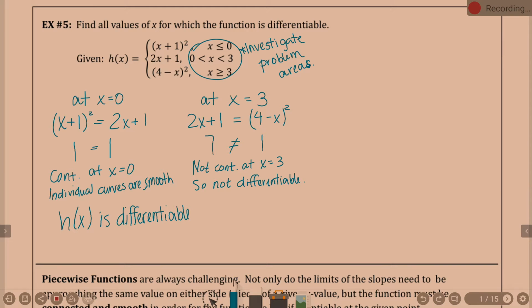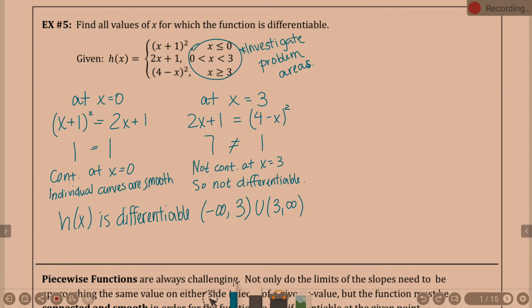Negative infinity to 3. Negative infinity. It's differentiable through 3 or through 0, yes? So we can go all the way up to 3 with a parenthesis open. It's not including 3. Union 3 to infinity.